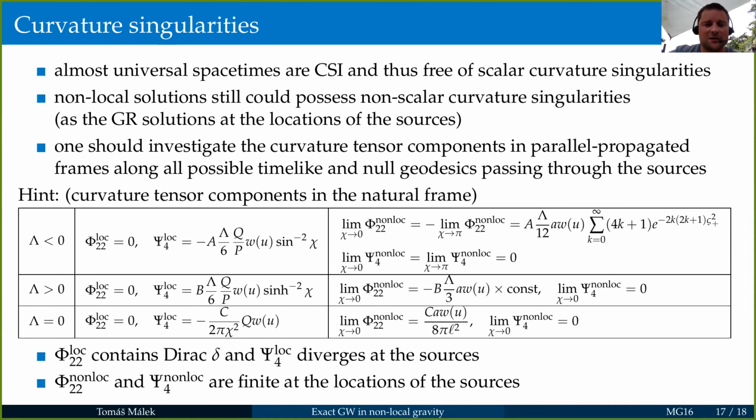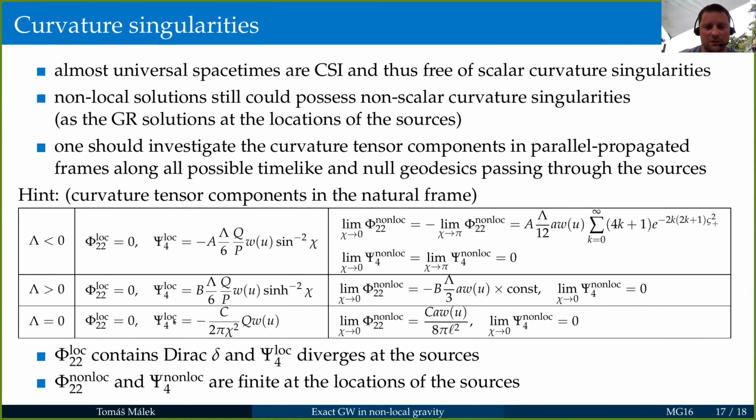But as a hint that these solutions are free of the curvature singularities at the locations of the sources, we can calculate the components of the curvature tensor in the natural frame.